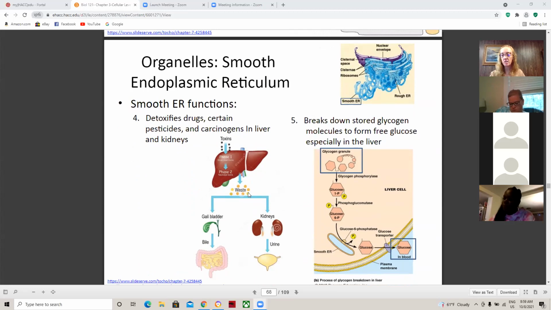It can also break down stored glycogen molecules to form free glucose in the liver that can then leave the liver. Remember, glycogen is the stored glucose polymer. So it breaks down glycogen to allow for single glucose molecules to leave the liver.